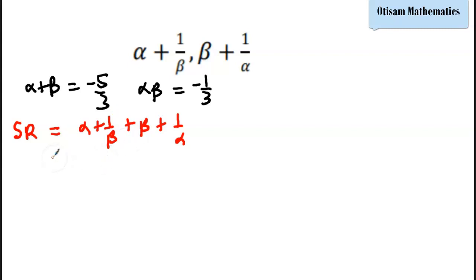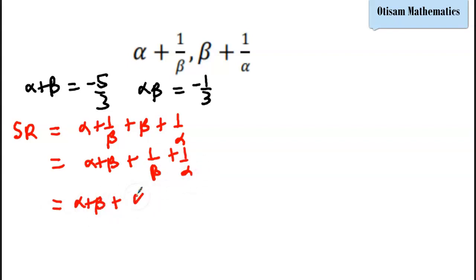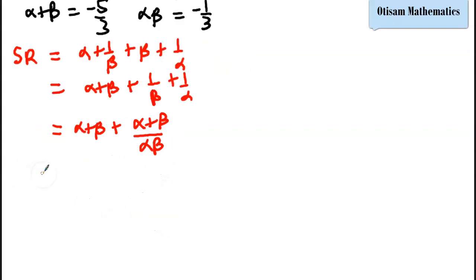So let's rearrange. We have alpha plus beta and then 1 over beta plus 1 over alpha. Now this is alpha plus beta. This one, when you simplify, you get alpha plus beta on alpha beta. So we have minus 5 on 3 plus minus 5 on 3 over minus 1 on 3.